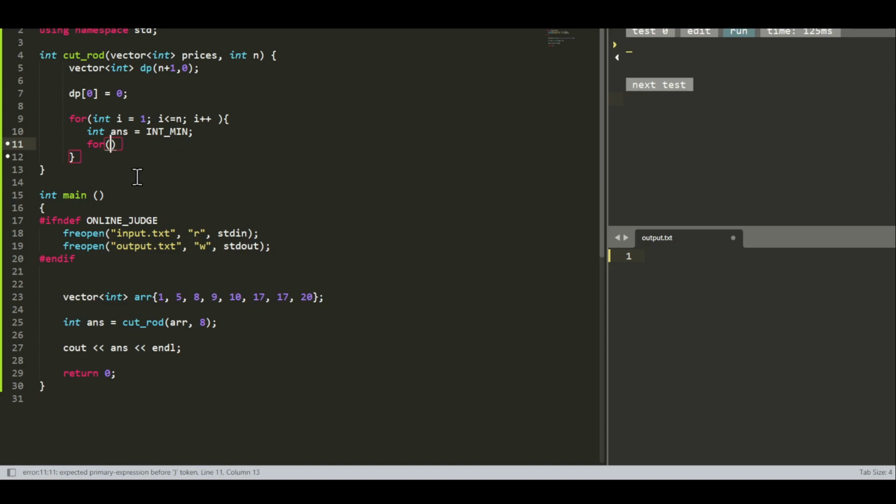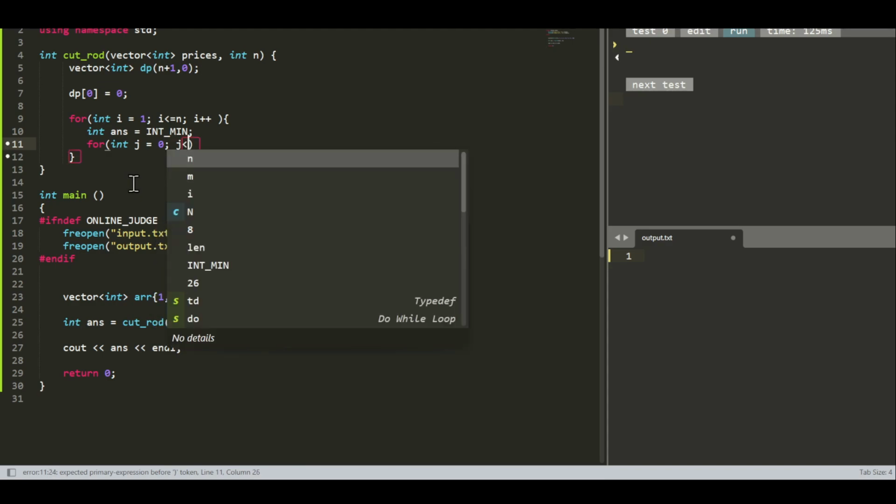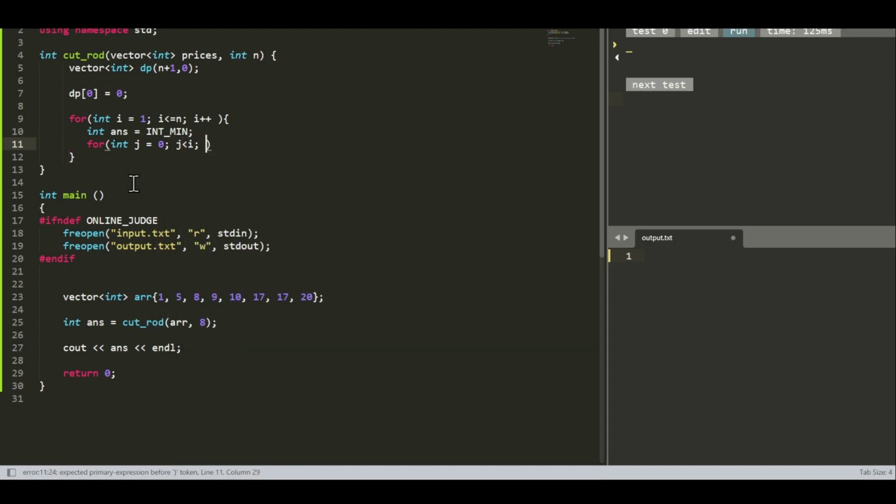So j is equal to 0, I can make a cut at 0 till i. Okay, j plus plus.